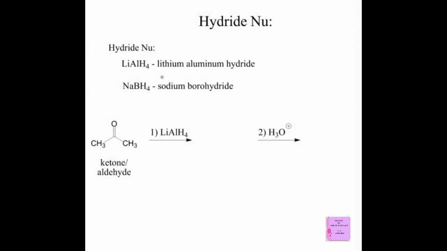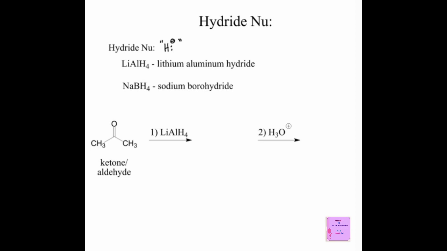The other nucleophile we'll take a look at for synthesizing alcohols is the hydride nucleophile. Okay, hydride again means we have an H with a lone pair and a negative charge. Typically for the reagents that we're going to be seeing, especially when it's being nucleophilic, again, we're going to put that in quotes because these are not ionic species. The hydrogen minus is not floating around on its own.